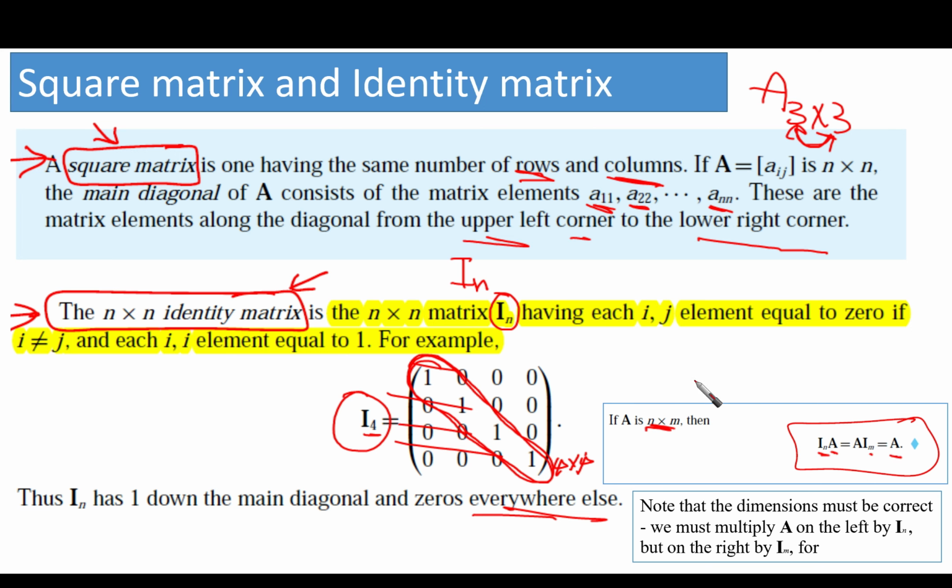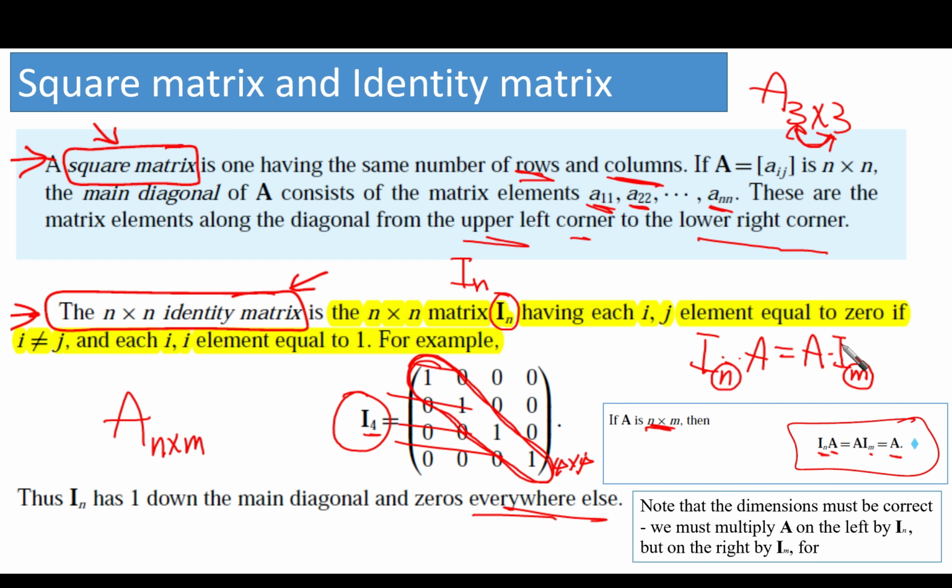Take care of this. Let's assume that we have A, which is n by m. We are going to multiply the identity matrix from the left times A, and it equals the matrix times the identity matrix from the right, which is I_m here and I_n here.